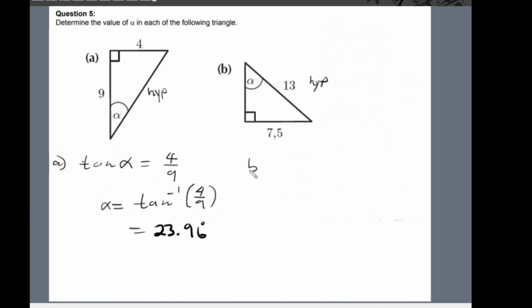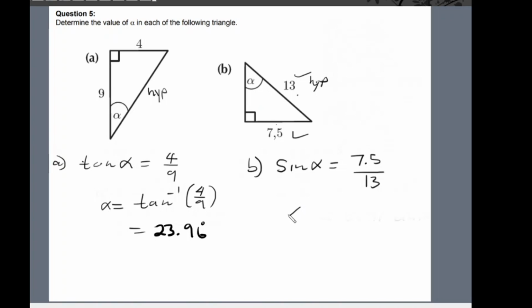Okay, question B, we are given the hypotenuse, right? The hypotenuse is given, and then we are given a side opposite to angle alpha, so we will have opposite over hypotenuse. It means we can use sine alpha, which is opposite, which is 7.5, over the hypotenuse, which is 13.